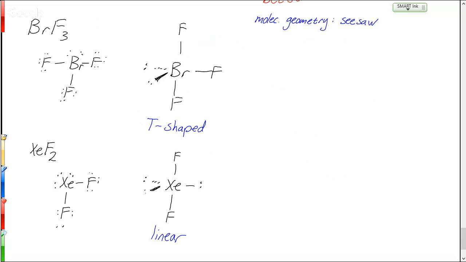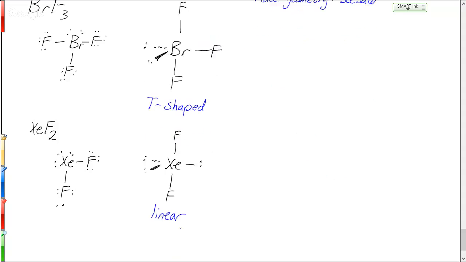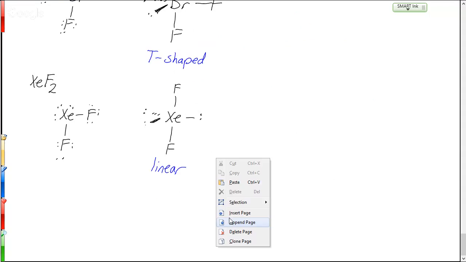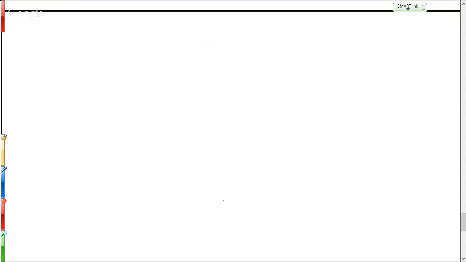There's only one more, for 6 electron groups. So for 6, I'm going to give you the basic structure, and then I want you to work out what happens when there are some lone pairs on there. So for 6 electron groups, let's see, what's a good example of this?